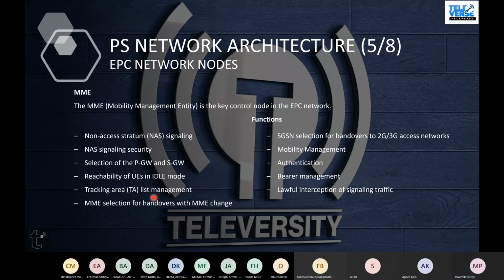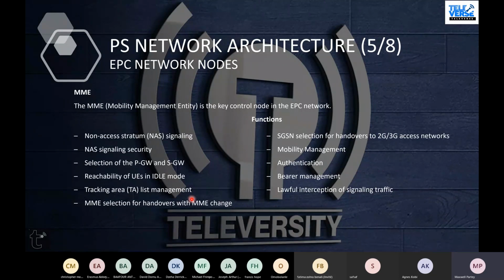And MME selection also applies for handovers, the MME change. So for example, I'm moving from one MME to another MME, right? That communication will be handled by the anchor or the serving MME towards the next MME that I would want to move on to, or the next handover. So let's say I want to do an S1 handover.